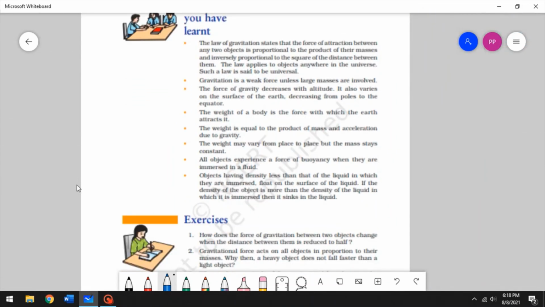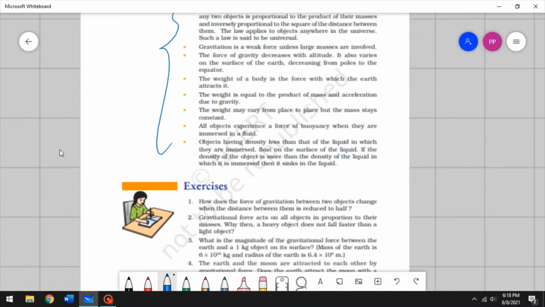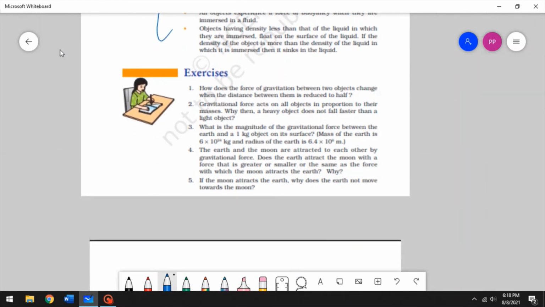Yay! So we have what you've learned points here, which is just the whole chapter in a few points. You can go over them a day before your exam, the night before your exam, or the day of your exam. We also have a few exercises that I want you to try once you are confident in this chapter.